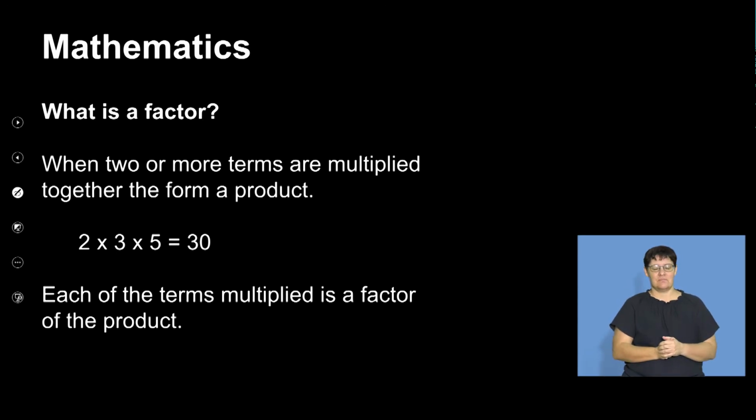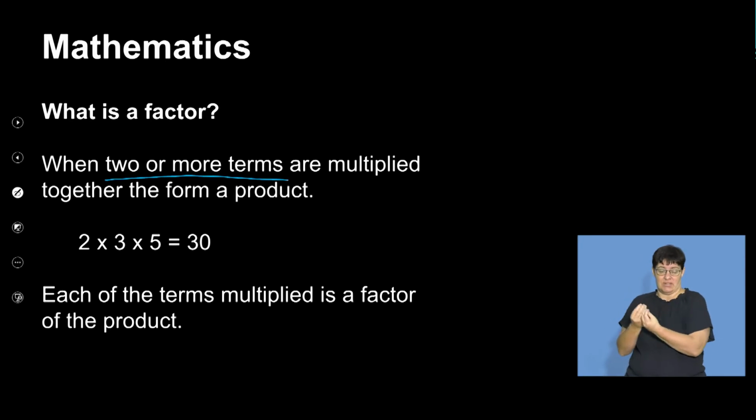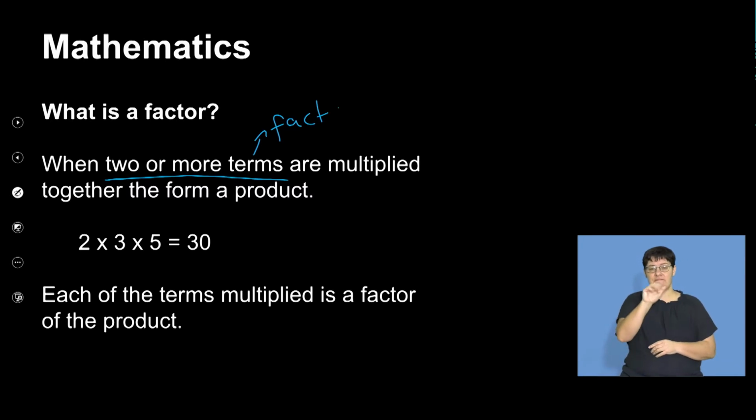Now, a factor is when 2 or more terms are multiplied together to form a product. So 2 or more terms, we call them factors. When I'm talking about a factor as a singular, it will be a number that is divisible into another number without leaving a remainder.